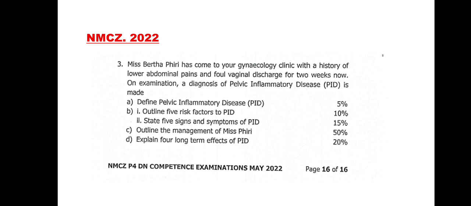So when the tubes are partially damaged, but not completely blocked, what happens is that the fertilized egg may implant within the tube rather than the uterus. So the egg might implant within this tube and not the uterus.